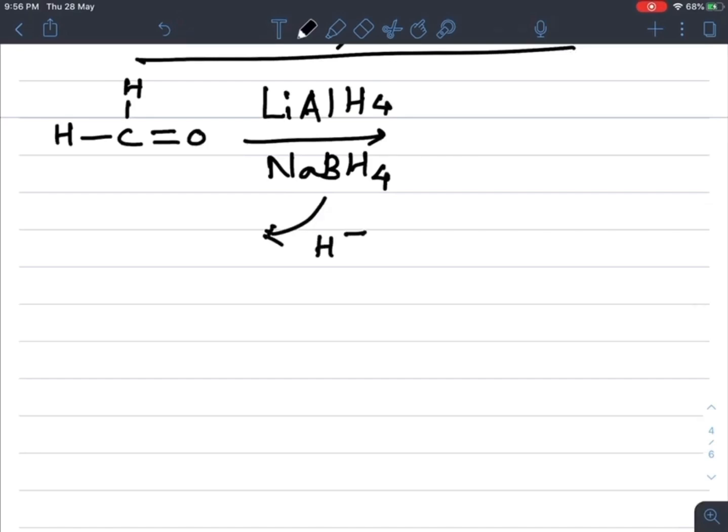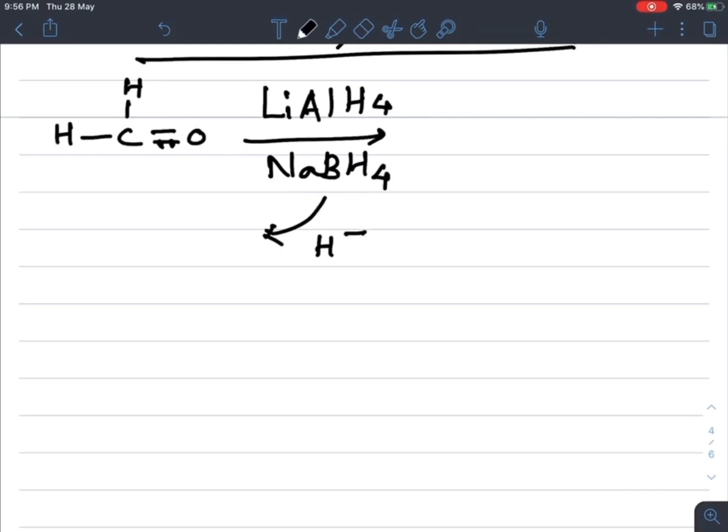Hydride ion. How is this hydride ion taken? By this carbonyl compound. The pi bond breaks and this H minus is accepted by the carbon.